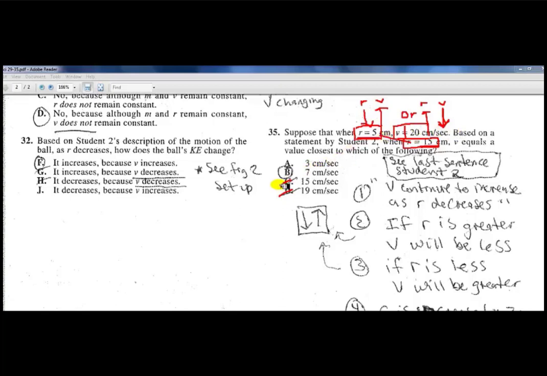Look at your answer choices, and C and D definitely can be crossed out. Which one is closer? 20 divided by 3 gives you 7, because 7 times 3 is 21, so right around 7. B is the correct answer. It's a relationship question. Remember, use your arrows, plus, minus, to designate relationships. Everything in science is basically about relationships. 35, B.